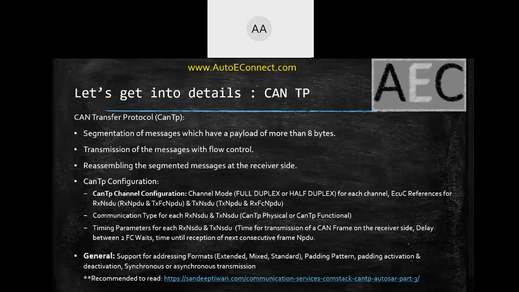There are some blogs already on the internet, and here I am giving one of the references. How the diagnostics or general network-related PDUs or the diagnostic PDUs are handled is well explained in those. You can go into those blogs for more details or a clear explanation. Here I'm not going into the details of what the different types of PDUs are and how they differ.